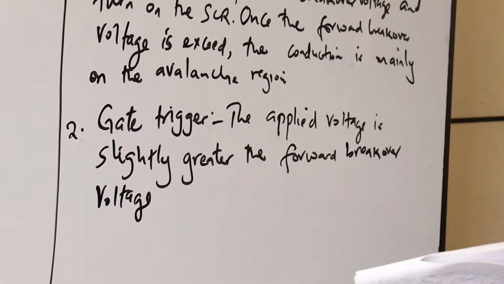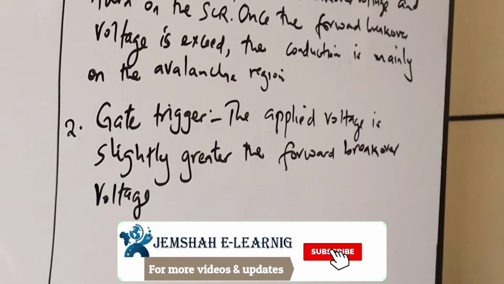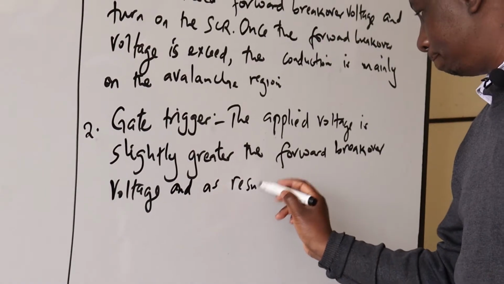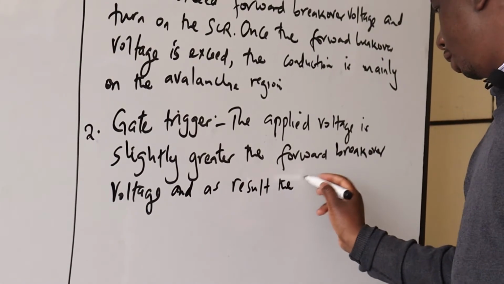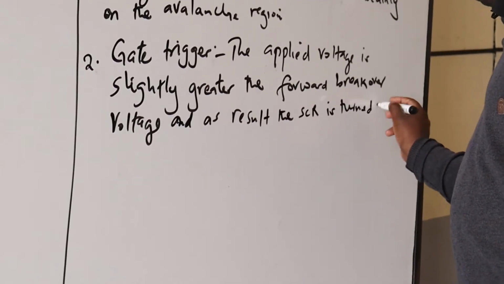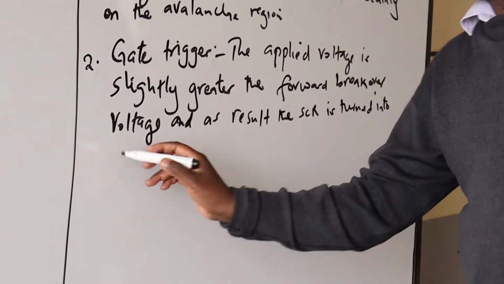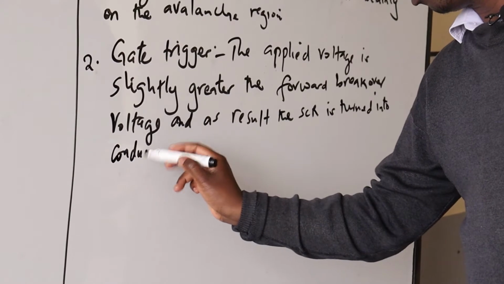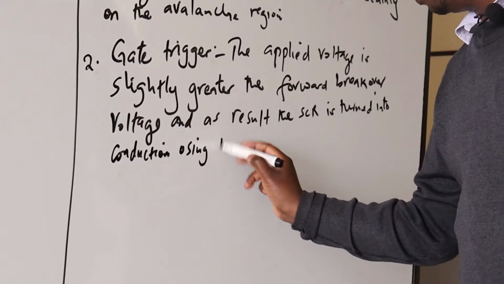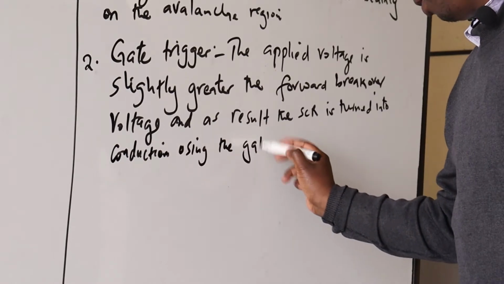And as a result of this, the SCR is turned into conduction using the gate pulse.